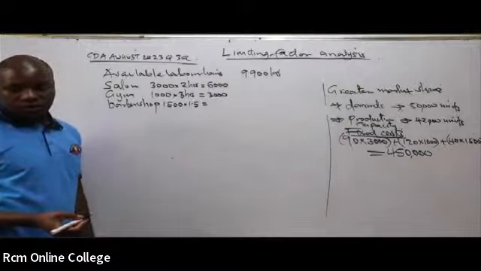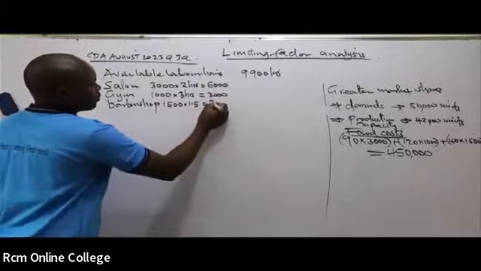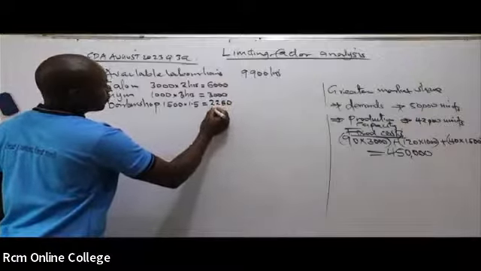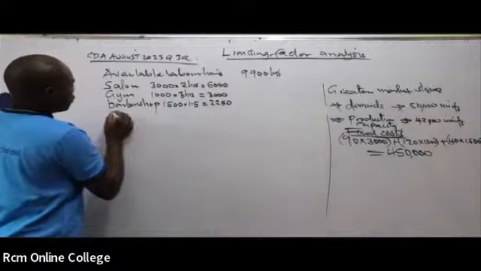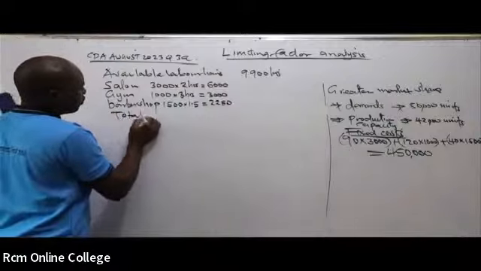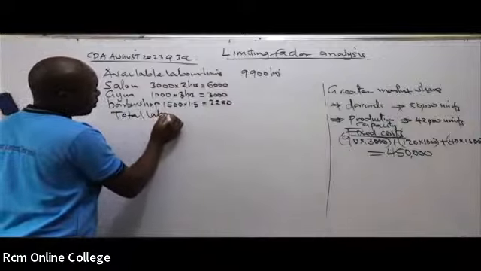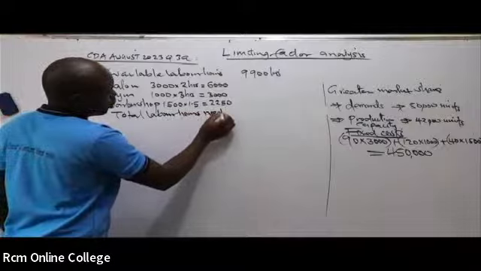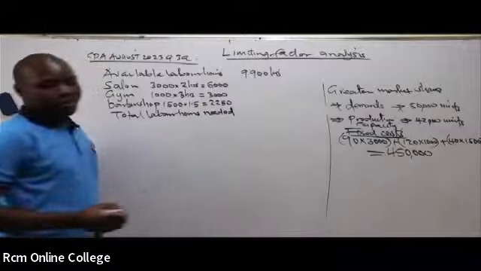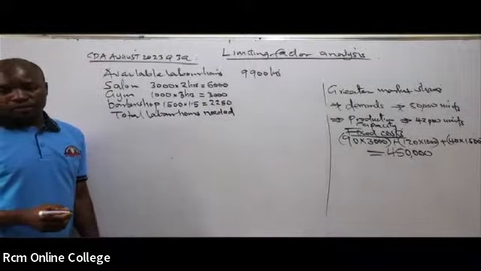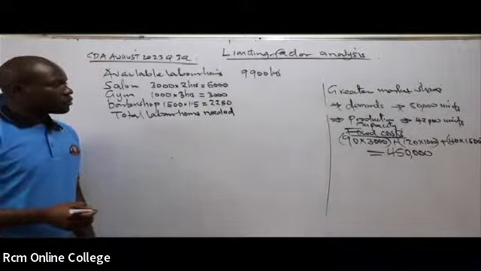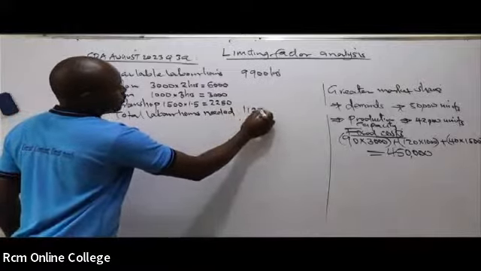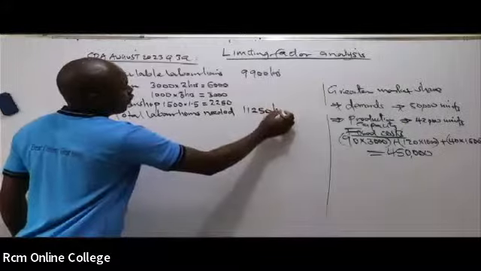It gives us 2,250. Can you add the total? Total labor hours needed: 11,250 hours.